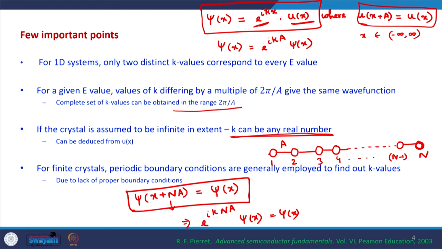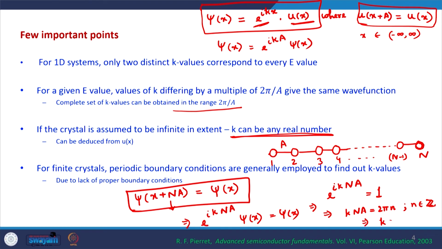So, Bloch's theorem can be applied here as well, and what it implies is that exponential of i k times N a is 1, which basically means that k times Na would be 2 pi n, where n can be any integer.